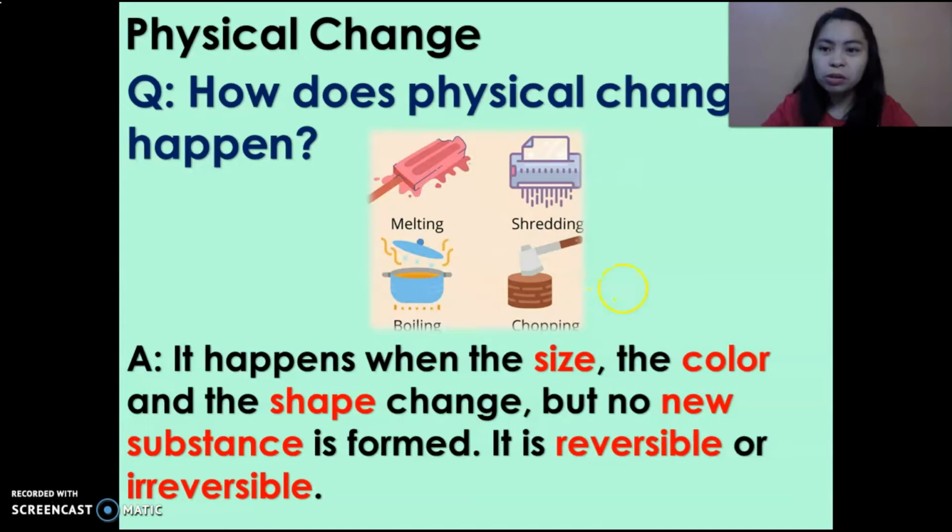And we can also say that a physical change is reversible or irreversible. Reversible means it can go back to its original form, while irreversible means you cannot return or go back to its original form.